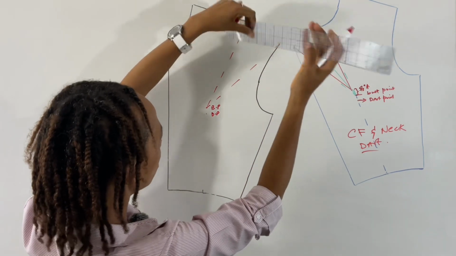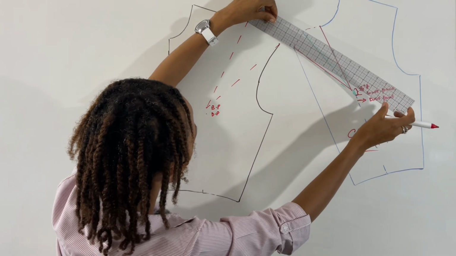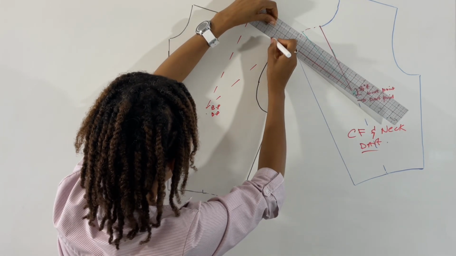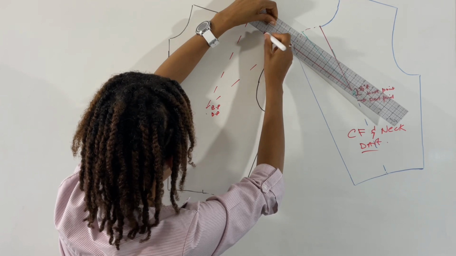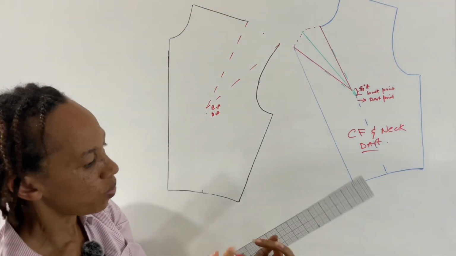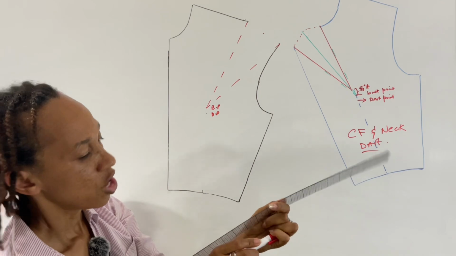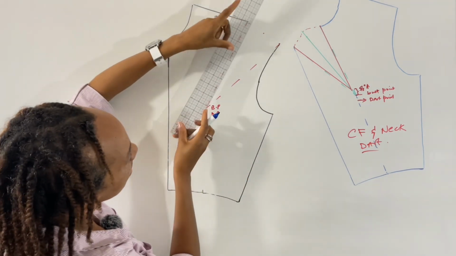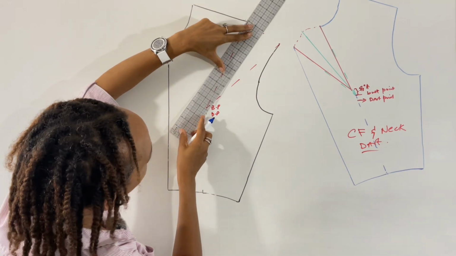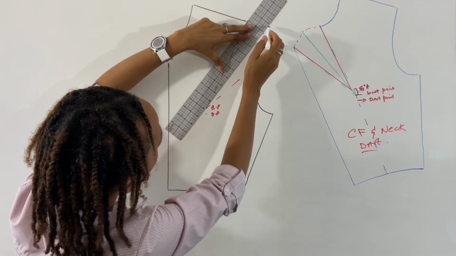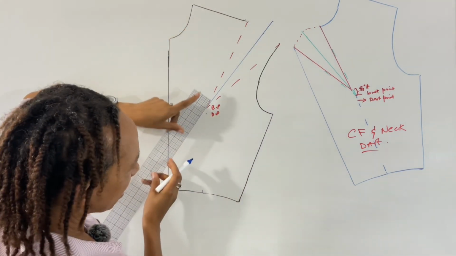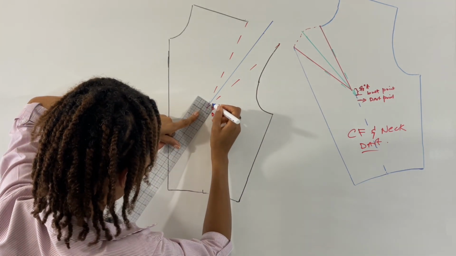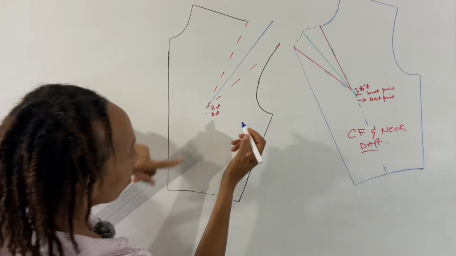The next thing that you need to do, you need to measure this, and I got here 4 inches. So you need 2 inches because it needs to be half. And with that half, you're going to draw your center line. So this is your center line. From the tip right here, you need to go up your 5/8 of an inch again. And you're going up, and it's going to be right here.